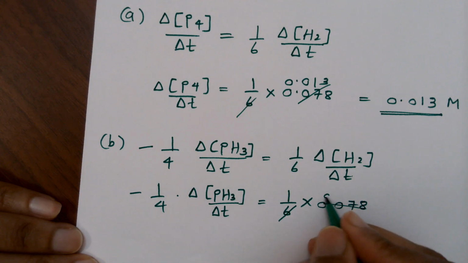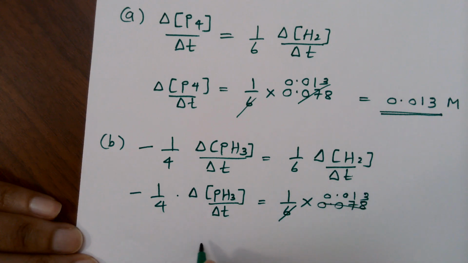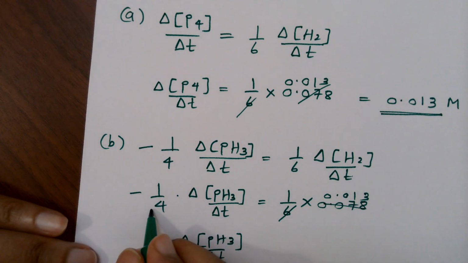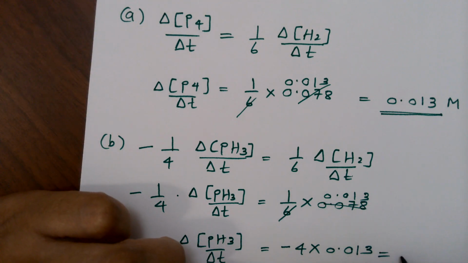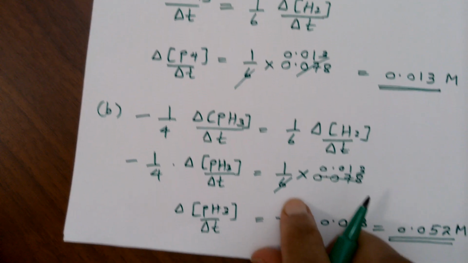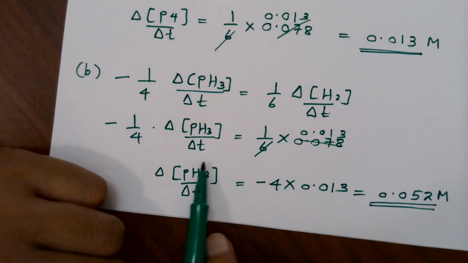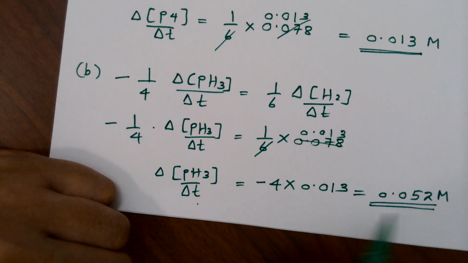So the same way we can write 0.013, and change in concentration of PH3, this is negative 1 divided by 4, we can move to the other side, it is negative 4 times 0.013, the answer is then 0.052 molar. That is the change in concentration of phosphine with time, 0.052 molar.